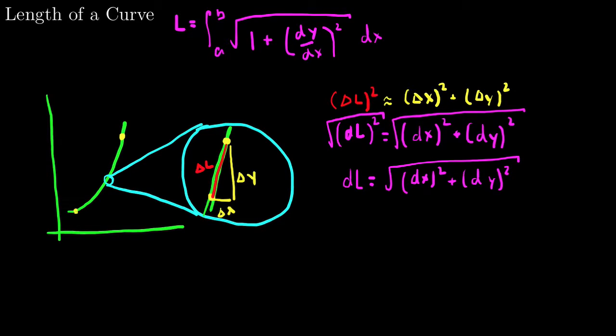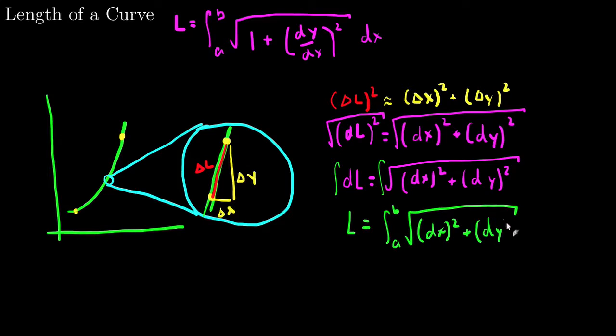I'll take the integral of both sides to get L by itself, and I'll get L equals the integral from some starting value to some stopping value of the square root of dx squared plus dy squared.